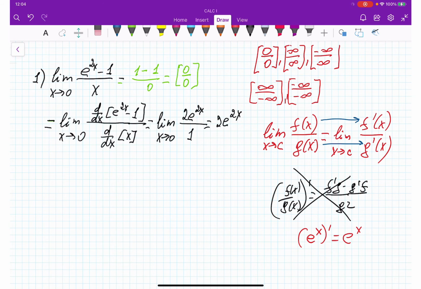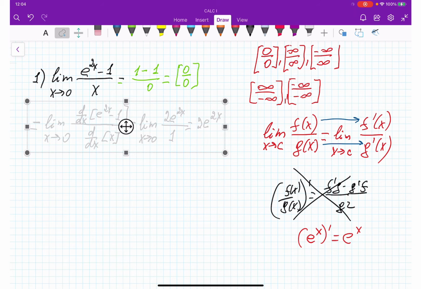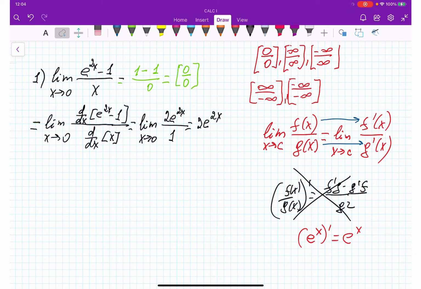Let's solve another example with a limit, where we will have the case of 0 over 0.